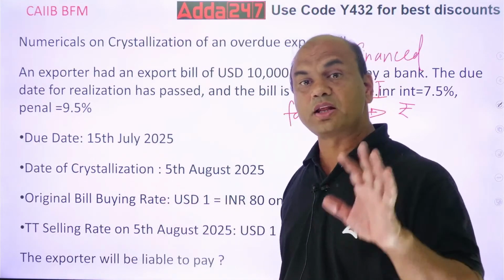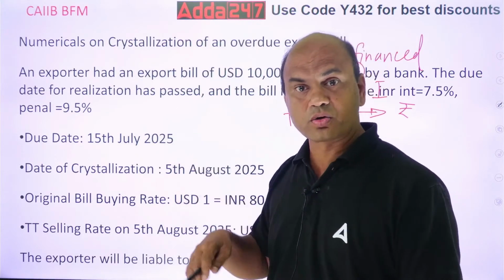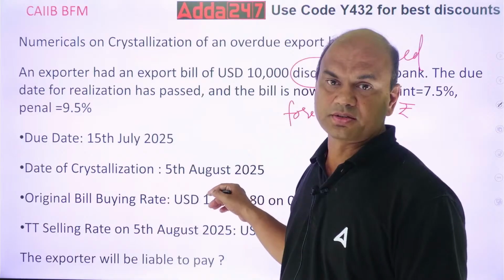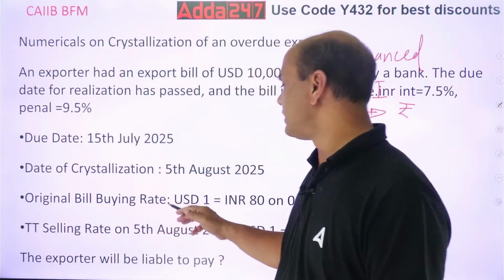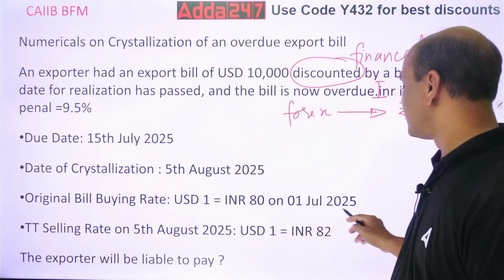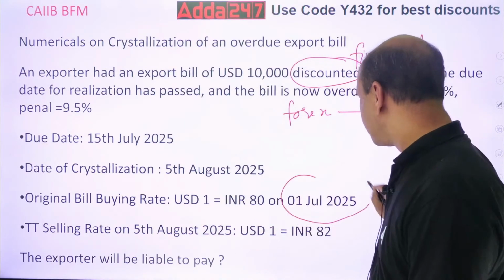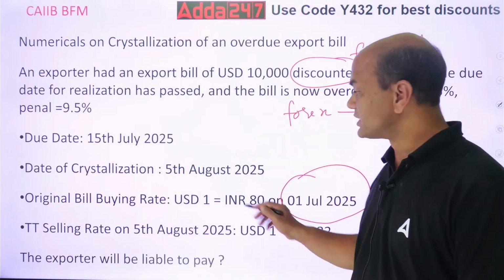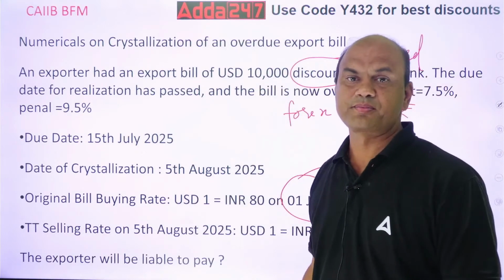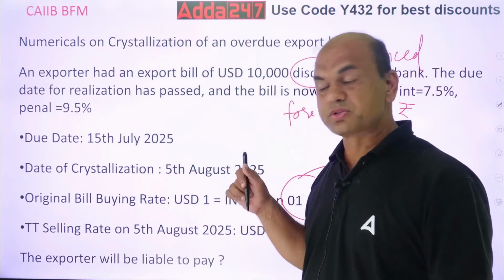The buyer has not paid, so the bank has to convert it to the rupee liability. The bank has converted it on 5th of August. Original bill buying rate is 1 USD equals INR 80 on 1st July, which means the bill was financed on 1st July, when the bank bought it.